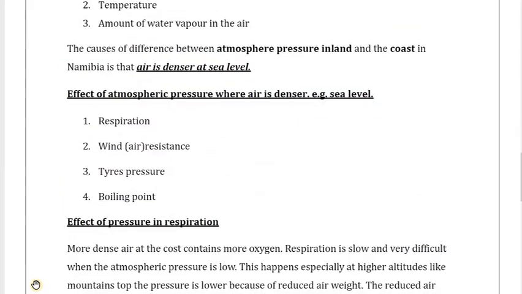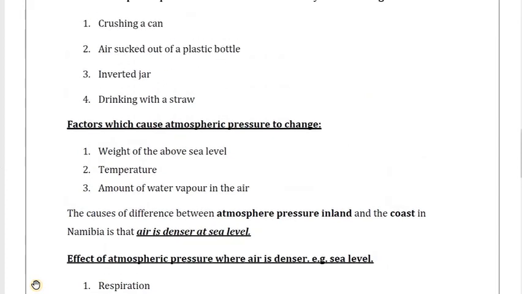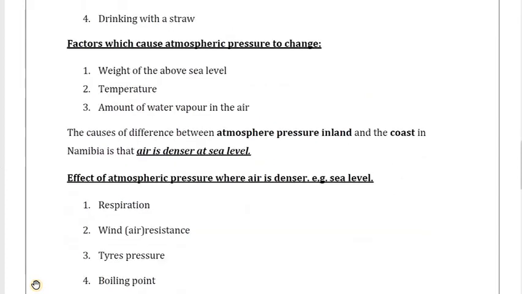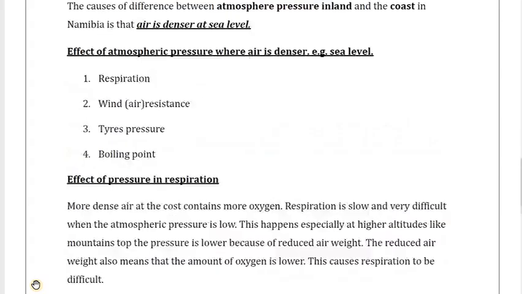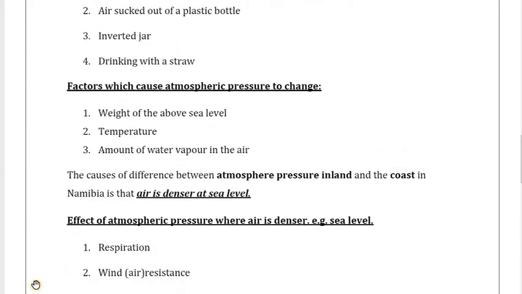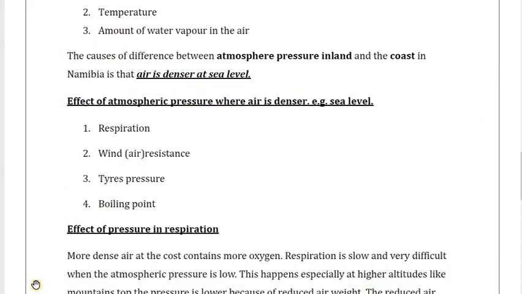Then in the lesson itself, we will talk about the effects of pressure, and how you have different pressures at sea level and at altitude. I hope you guys know what altitude is, right?